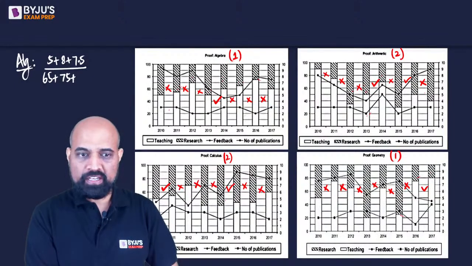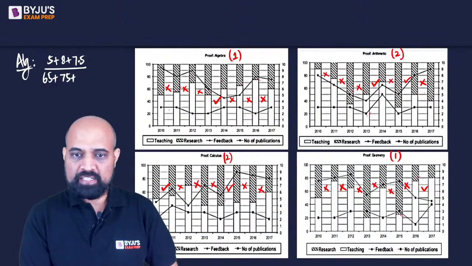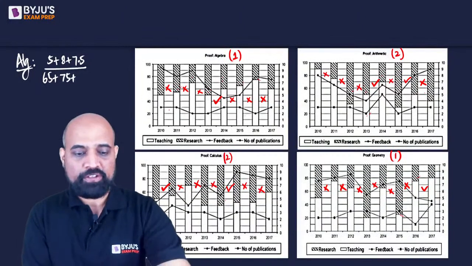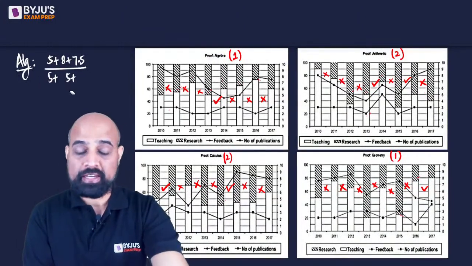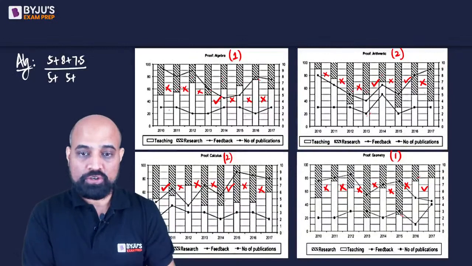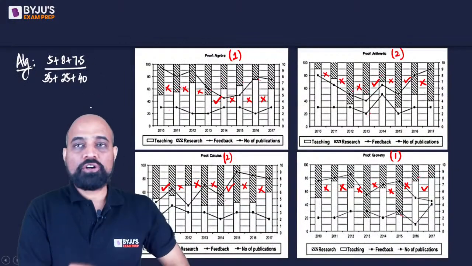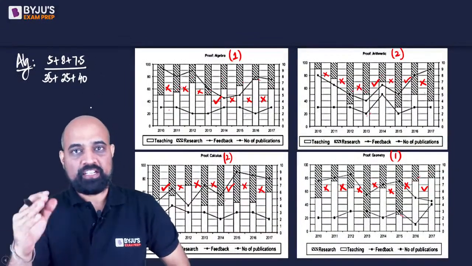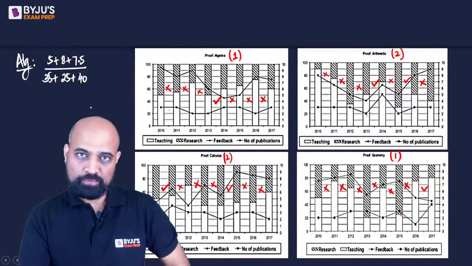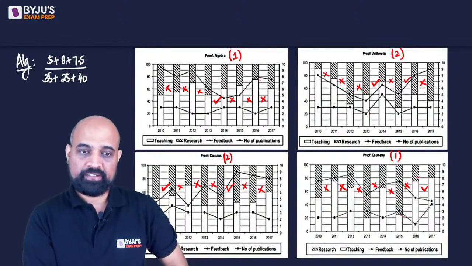It will be reversed, because we are calculating from the top. So this is going to be 35, then 25, and then 40. I'm not going to write percentage of 90 because during comparison, every denominator will have percentage of 90, right?